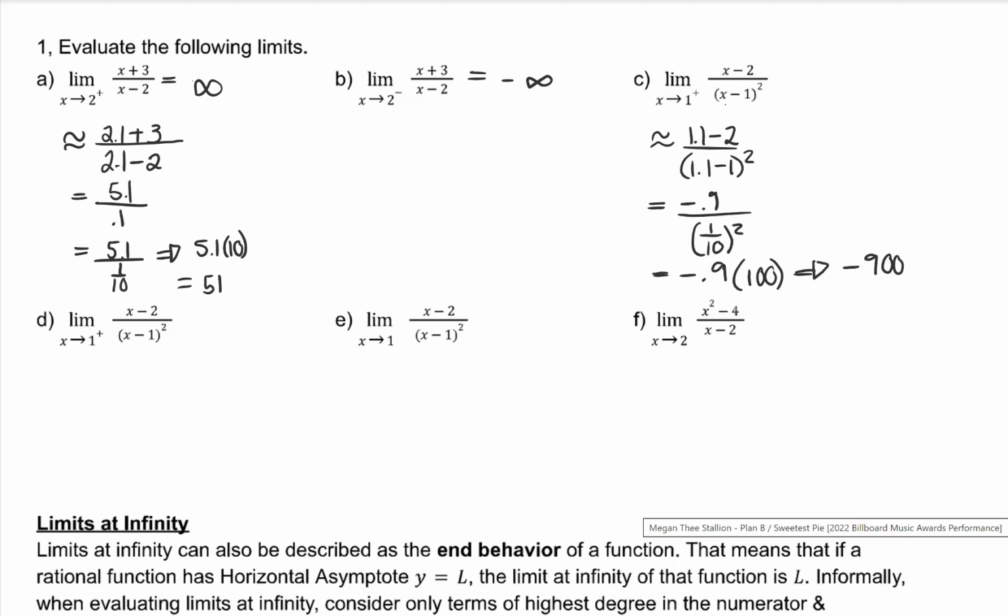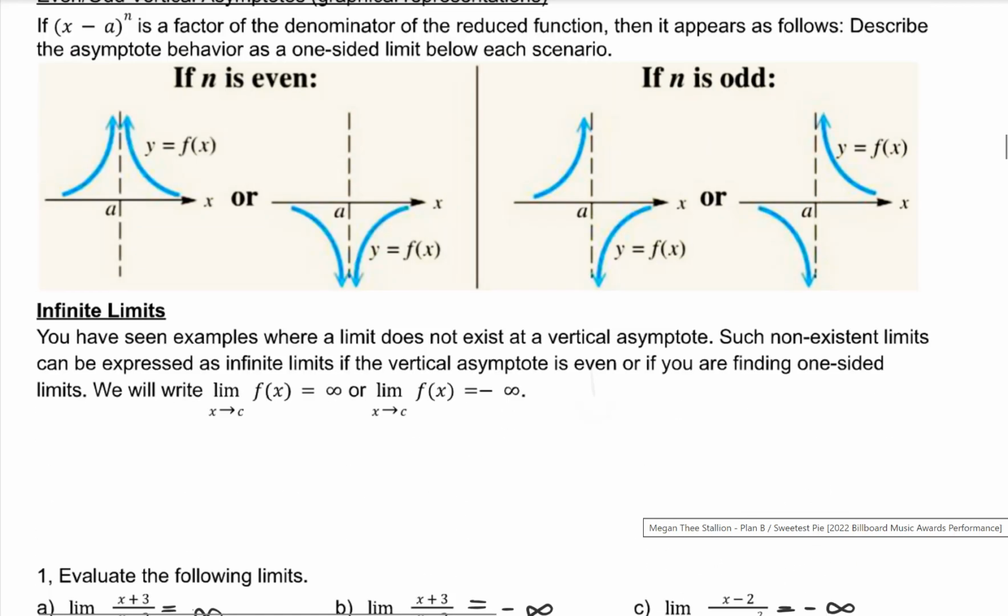When I plug in 1.1, I get negative 900, so that is headed toward negative infinity. This is the same function, same vertical asymptote at x equals 1, and it's an even vertical asymptote, so the left-hand behavior is equal to the right-hand behavior. So they're both going to go down to negative infinity.